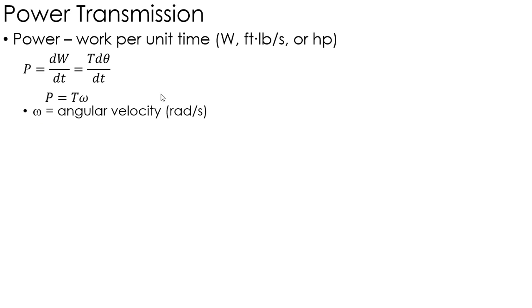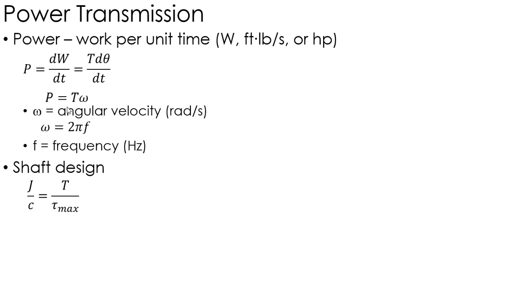So my power is the torque times omega, where omega is my angular velocity in radians per second. Now I can also do this in frequency just by multiplying by a factor of 2 pi, so omega is 2 pi f. If I'm given something in hertz, cycles per second, there are 2 pi radians in every cycle. So there's the conversion between angular velocity and frequency.